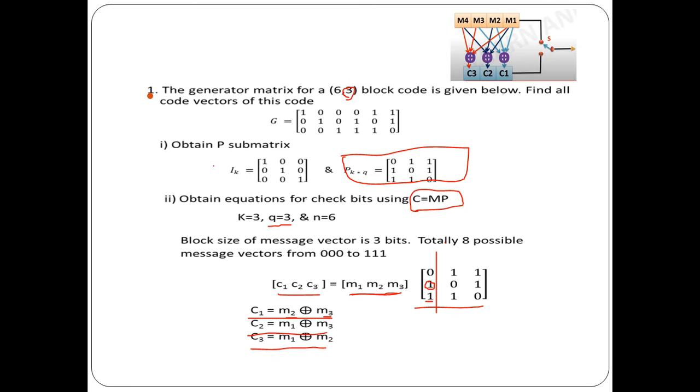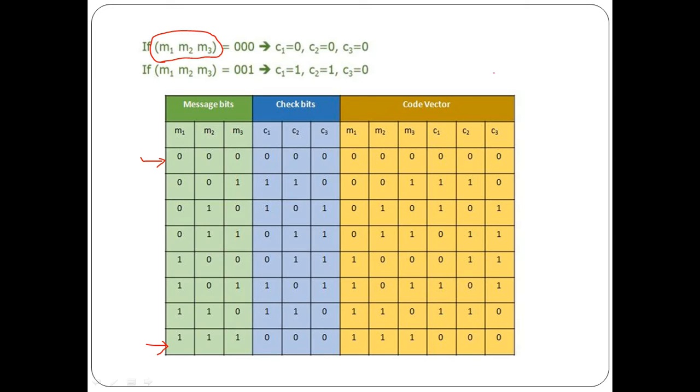First, if you see C1, C2, C3, the equation for C1 is nothing but M2 XOR M3, from the previous slide. We need only these two things for producing C1.